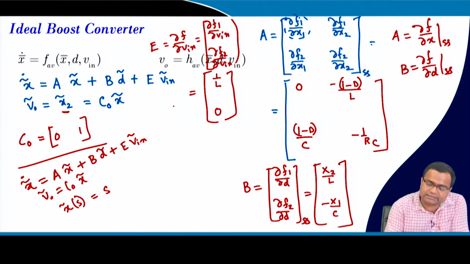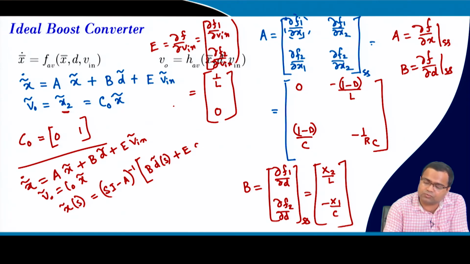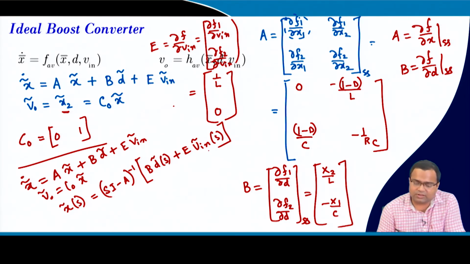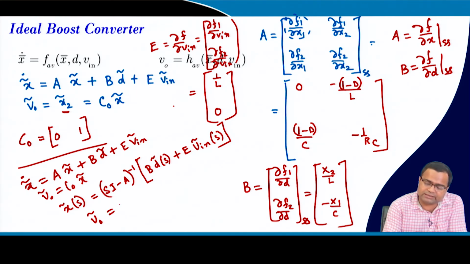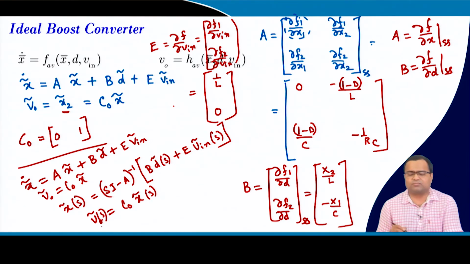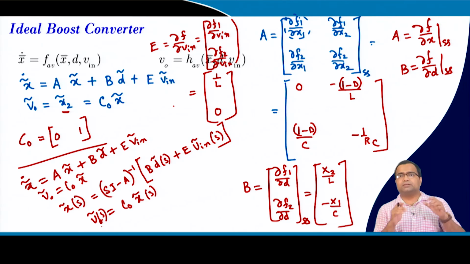X tilde s will be (sI minus A) inverse into B into d tilde s plus E into v in tilde s, right, and then V0 tilde s is simply C0 into X tilde s. Yeah, sorry, it was correct. So, then we can obtain different types of transfer functions from here.